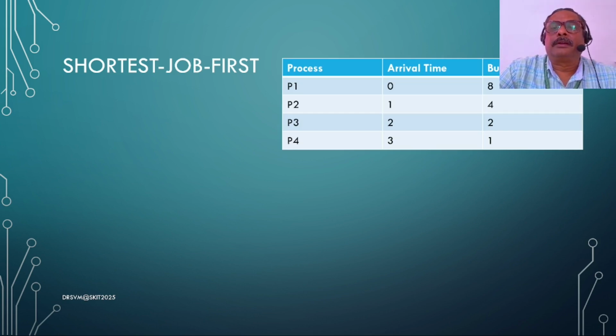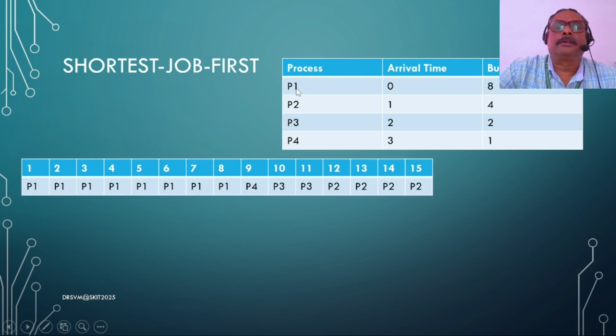Now let's check the case when these processes don't come at the same time but arrive at different times. What will be the scenario? At time 0, when we begin our scheduling, we have only P1 available, with a burst time of 8.